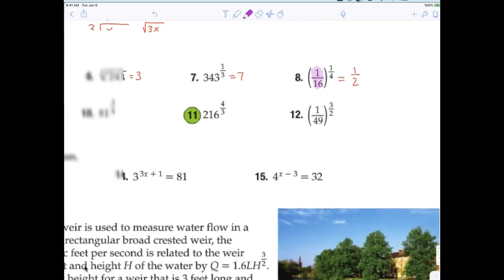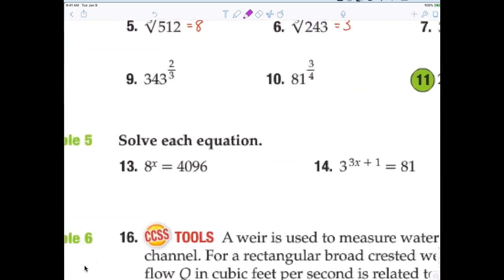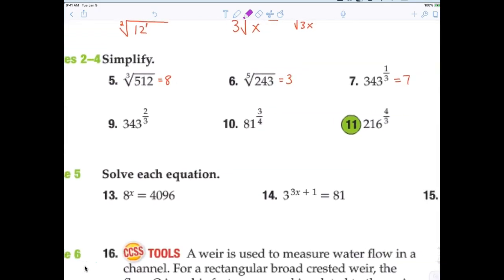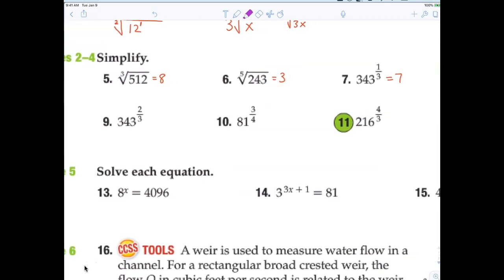All right, so now let's see if we can do number 8. We already know what the cube root of 343 is. What's the cube root of 343? 7. Now please pay attention. I know it's not the easiest thing. I'm training your brain how to think about numbers, so you're thinking about it a little differently.